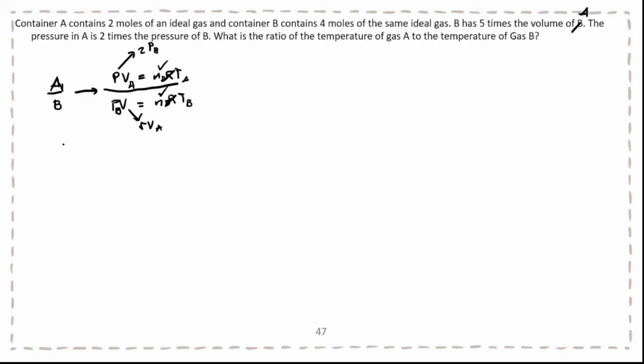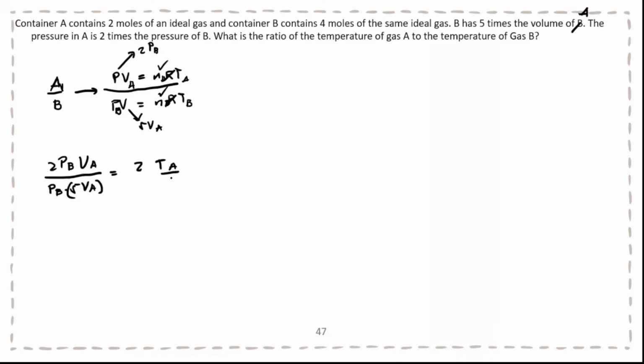Okay, so we can calculate. So, 2 PB times VA over PB times 5 times VA is equal to NA, which is 2 moles, times temperature A. Given ba tayo ng temperature? Yun ang tinatanong sa atin.